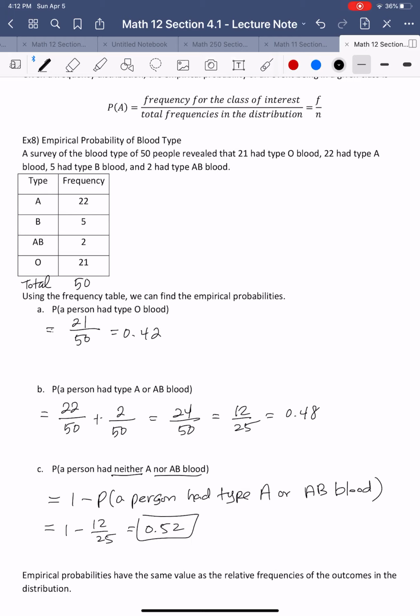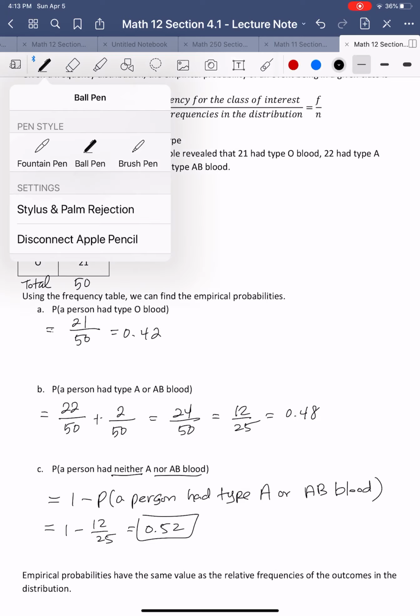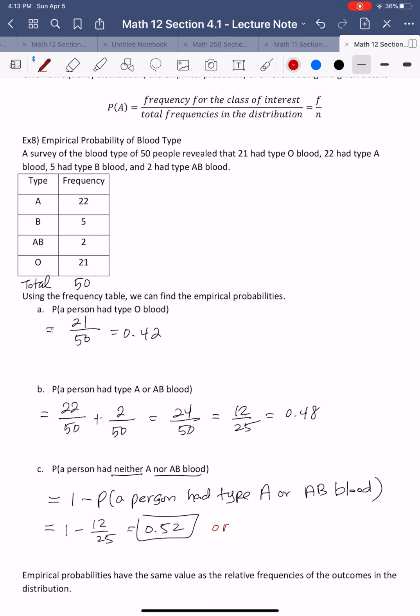Or you can just use, because it's neither A nor AB, type B, which is 5 over 50, plus O, 21 over 50, which is 26 over 50, which is 13 over 25.